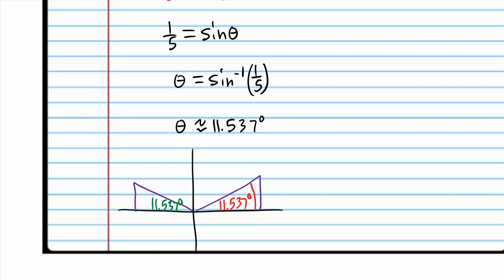So one answer is 11.537, and another answer is whatever that red angle is, and maybe I'll make that a different color. And in order to find that, we subtract 11.537 from 180.